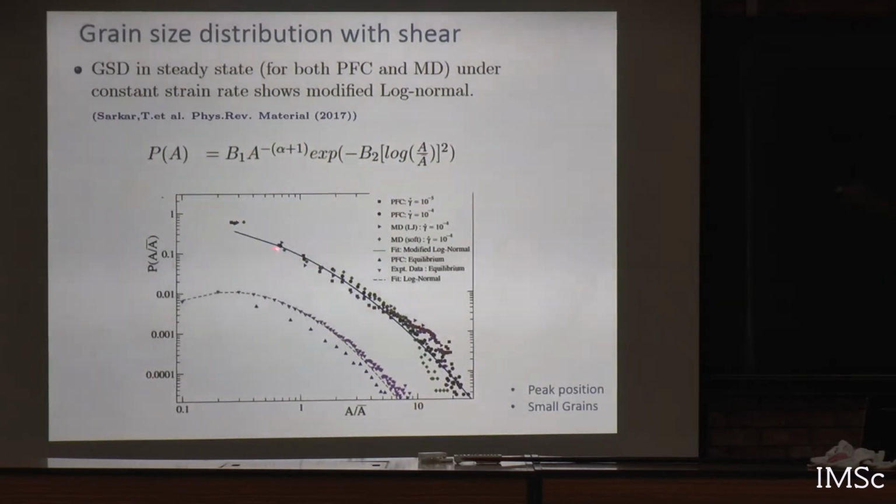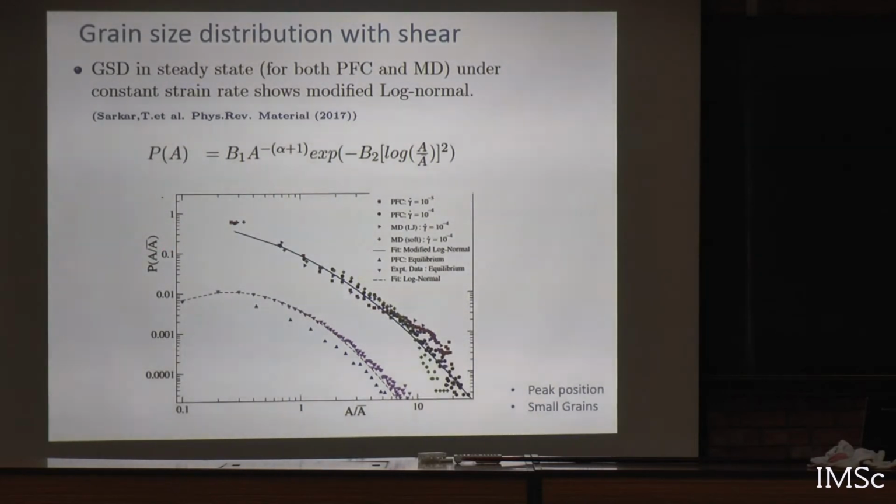So, you can see that the tail is quite noisy, and so we fitted this to a modified log normal. And again, we do not have data in this regime. Now, a modified log normal of this kind would dictate that the peak will come at smaller grain size.